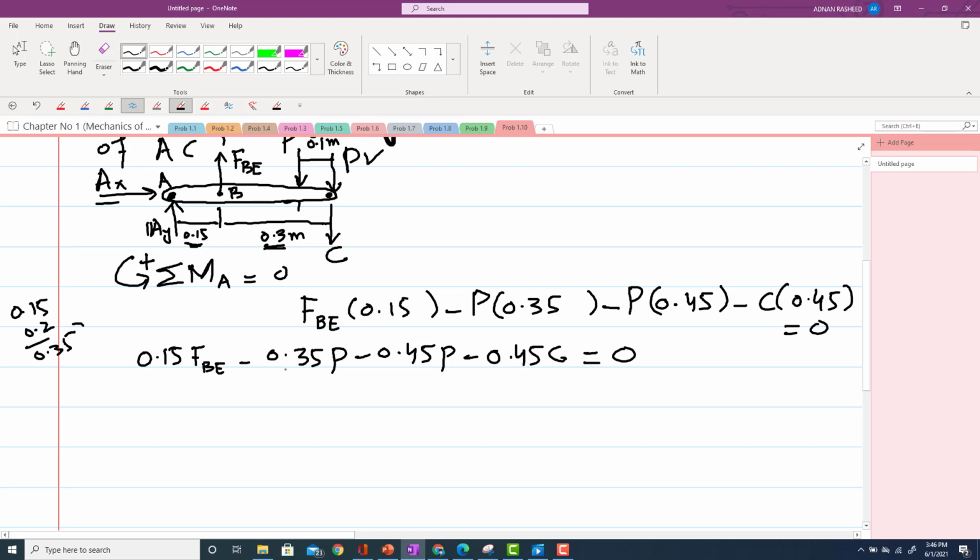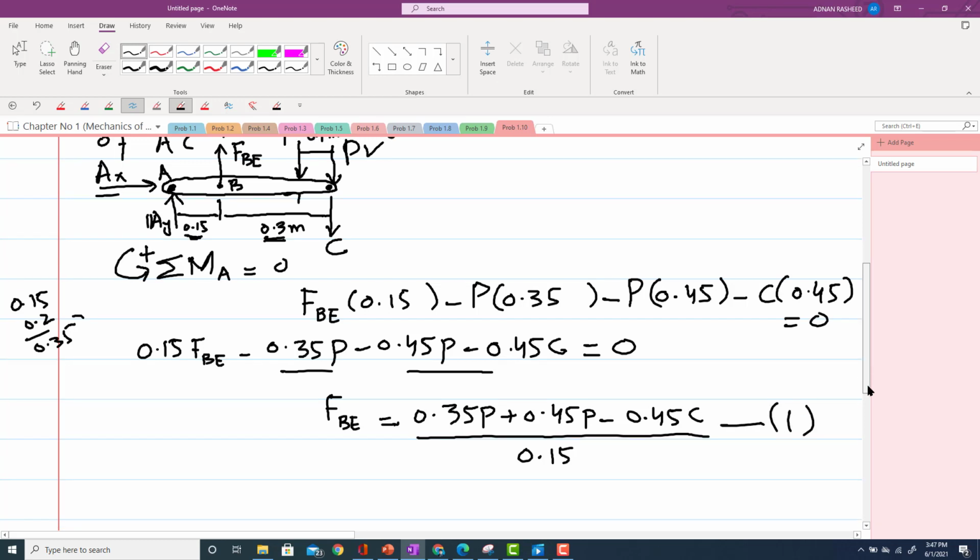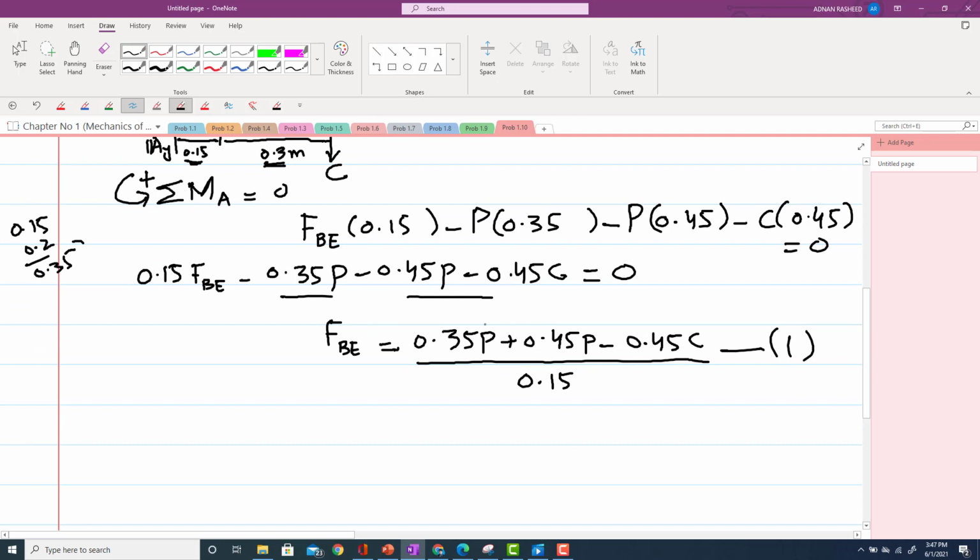If you bring this to the right side, we will get FBE is equal to 0.35 P plus 0.45 P minus 0.45 C over 0.15. That is equation 1. Now here FBE is equal to this. We know the value of P, but we do not know the force C or the value of C.